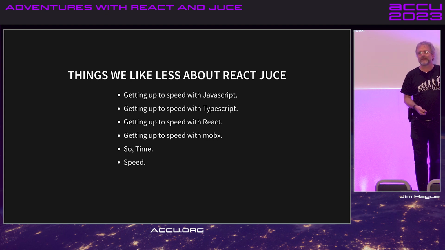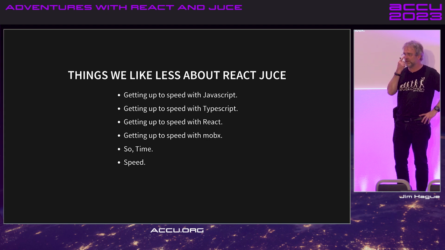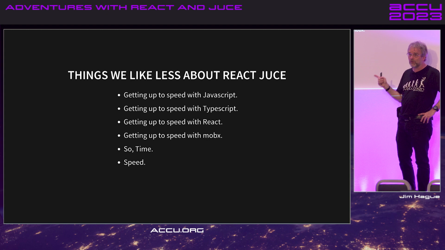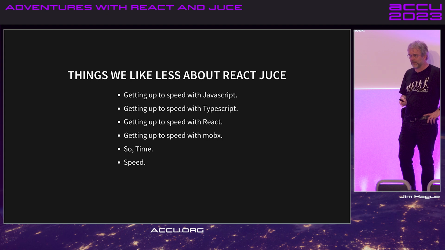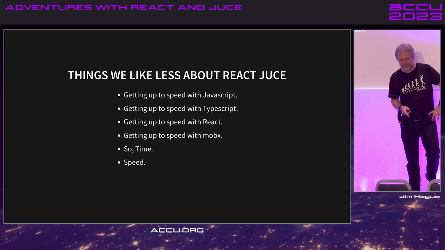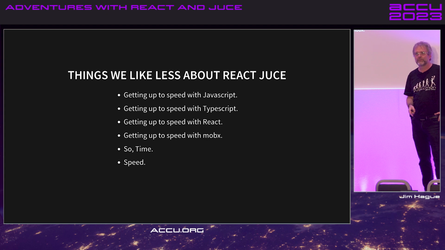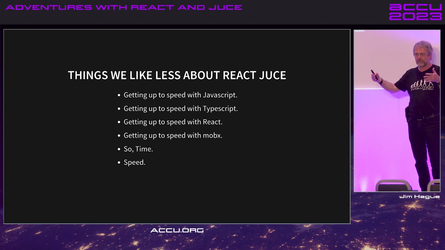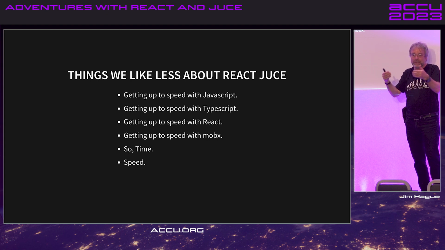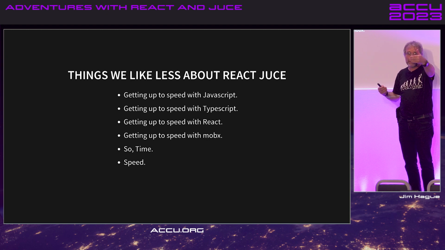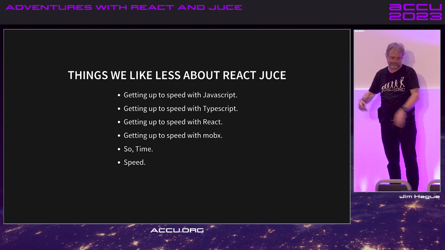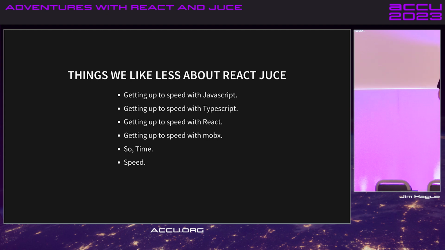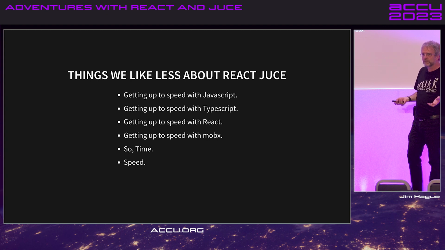I mentioned just now speed. As I said, we're running on an embedded system, and of course, although Hermes has got lots of clever tricks in it, it is at the end of the day interpreting. That little bit of reconciler code that I showed you, where it's going through and finding out whether any of the properties in a component have changed. I mean, literally all it's doing is going, hey, property value X equals Y here. What does it equal on this other component here? Usually that doesn't take very long.